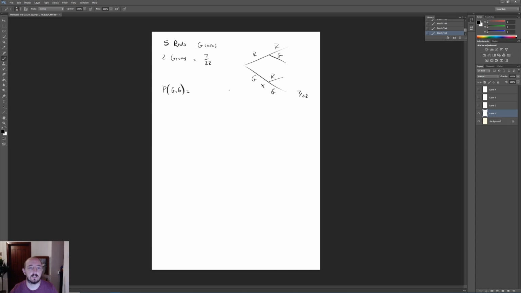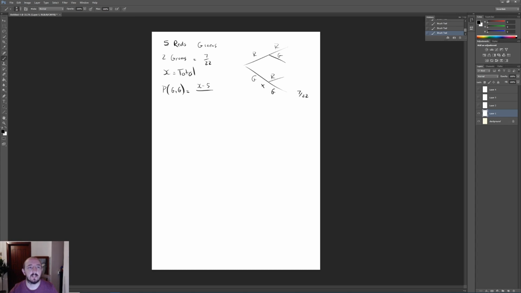So we represent that algebraically with something like, let's call the total number x. So the number of greens is going to be x minus 5, because there's 5 reds, the rest will be greens. Let's say there were 20 in total.